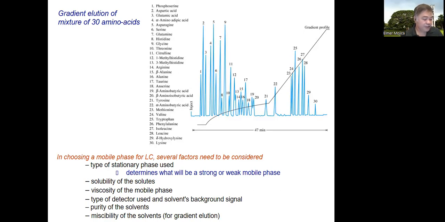You're going to need the pump to work harder. You're going to need a higher pressure because it's viscous, right? Just imagine syrup. Viscosity is what? Resistance to flow, right?